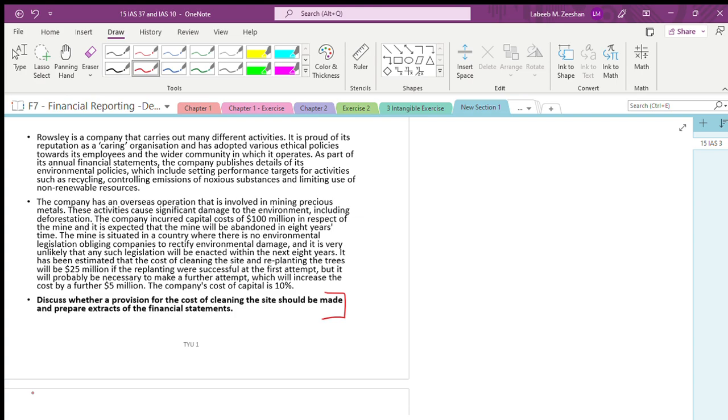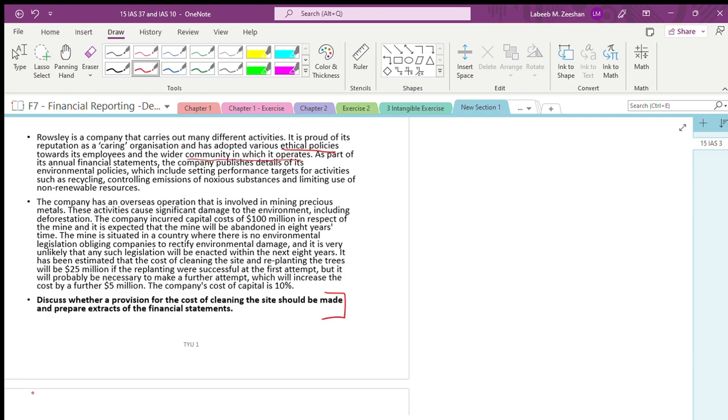Rosely is a company that carries out many different activities. It is proud of its reputation as a caring organization and has adopted various ethical policies towards its employees and the wider community in which it operates.